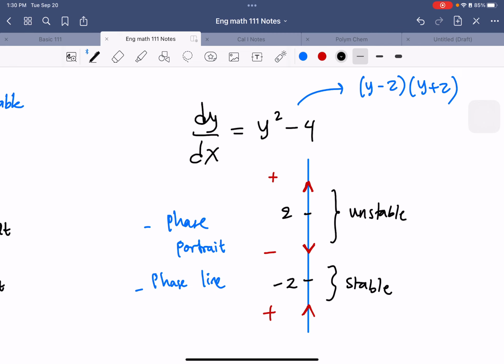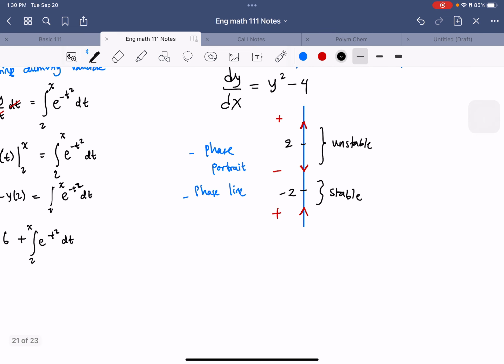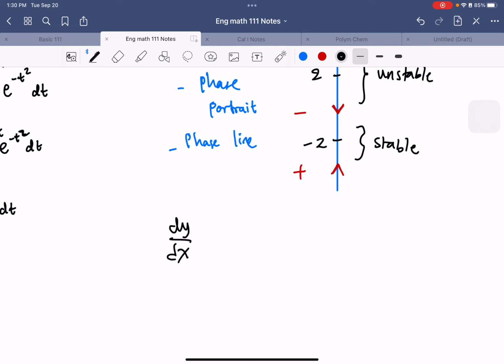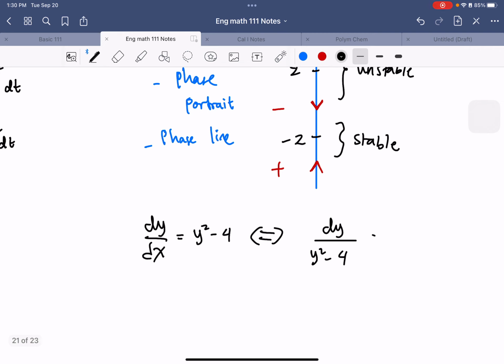But what is important is that this autonomous equation here is related to what we deal with in the separable technique. So if we try to separate this, for example, let me just write here. I can make all the variable y on the left side, and make just dx on the right side.